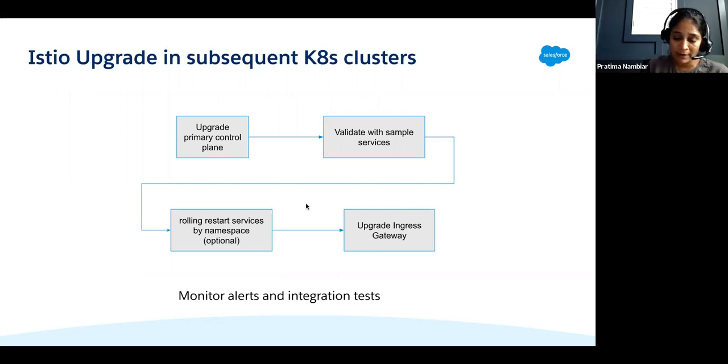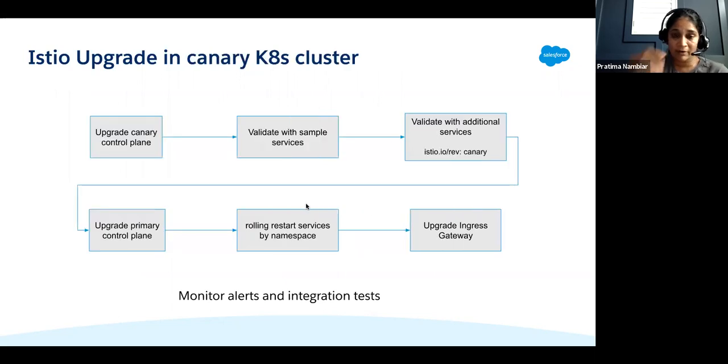As I mentioned before, I actually should go back to this diagram here. We use Envoy filters for certain types of configuration. We've not had too many issues with this upgrade, but one issue that we have seen that we're hoping to do something about is the Envoy filter sometimes becomes incompatible with the control plane.